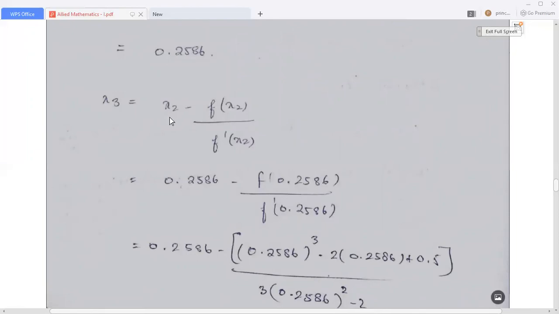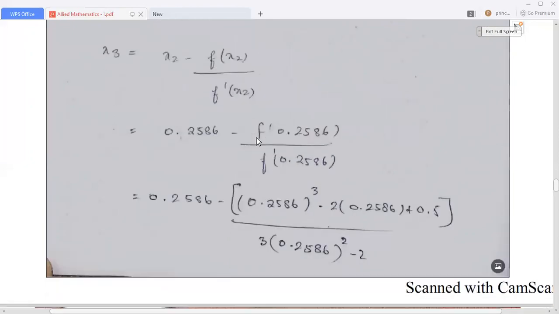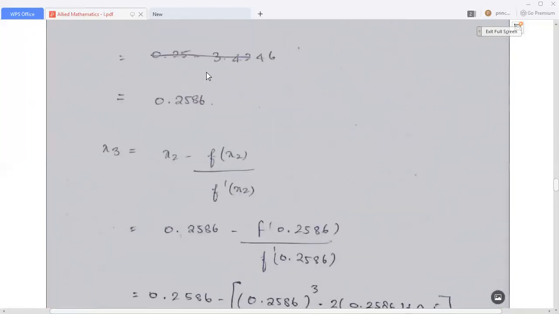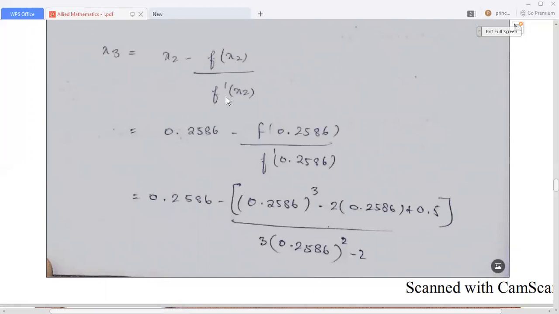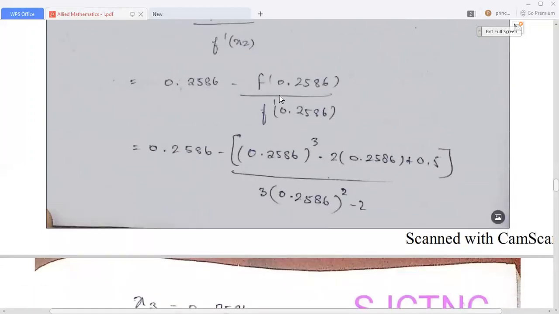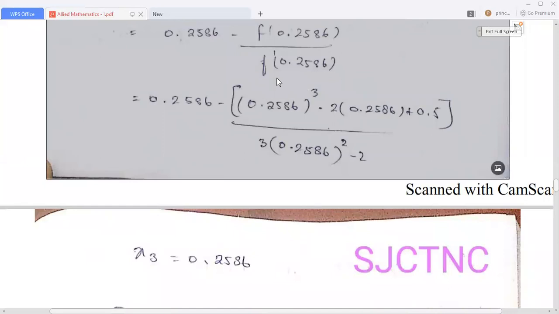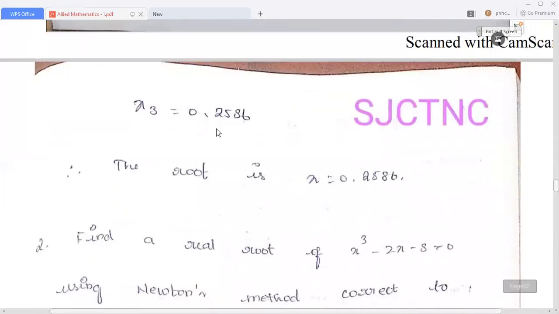Similarly, we calculate x3. x3 is equal to x2 minus f of x2 by f dash of x2. Now here the x2 value is 0.2586. We can substitute this x value in f of x. So here we calculate f of x2 and f dash of x2. These values are to be substituted here. Then we get x3.